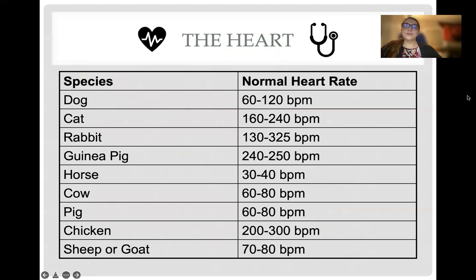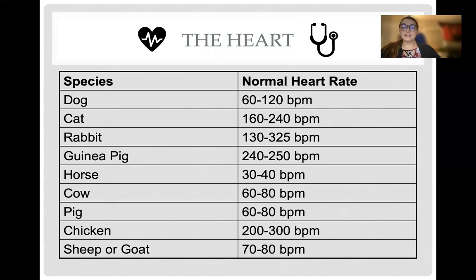Getting into the normal heart rates for our patients. Now, in veterinary medicine, we're going to have a large variety of patients that we deal with, anywhere from large to small animals. So to go over some examples here, these are just some basic ranges of the normal heart rate.